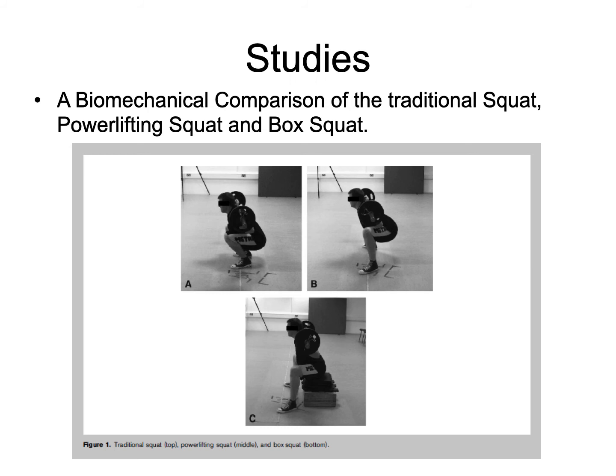For the traditional squat, the knees were allowed to pass the toes. However, for the powerlifting and box squat, they were instructed to maintain as vertical a shin as possible by moving the hip posteriorly. And during the box squats, a minimum of 1 second was allowed on the box.